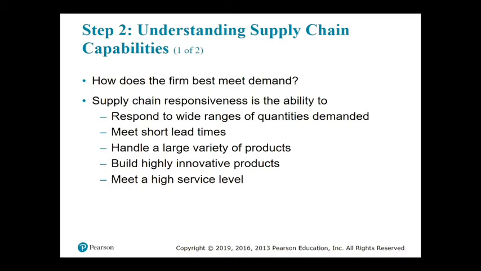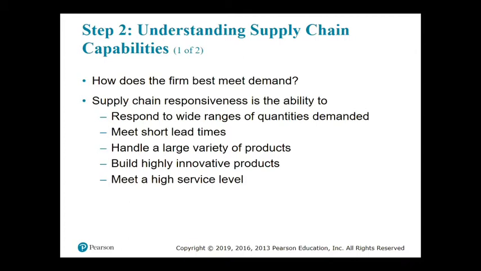So in creating the suitable supply chain, we need to match the responsiveness level of the supply chain with the appropriate level of uncertainty in the supply chain. Now, basically, if the supply chain is more uncertain, that means we need a more responsive supply chain.